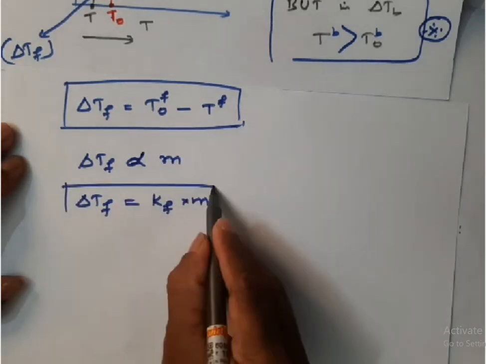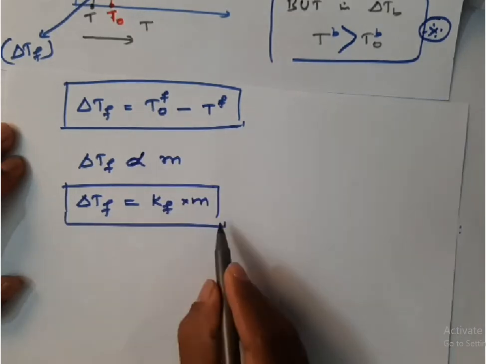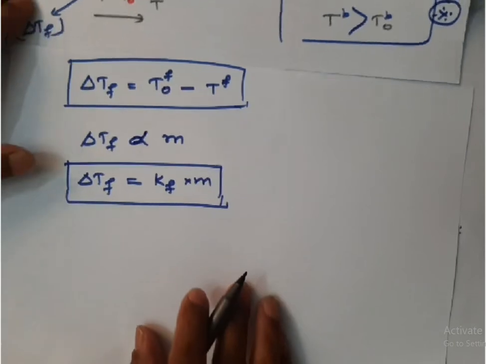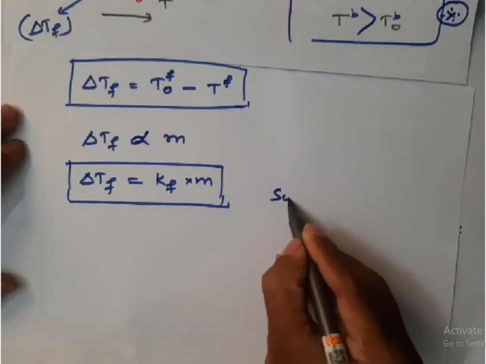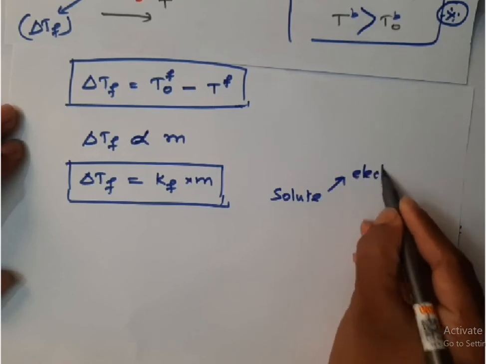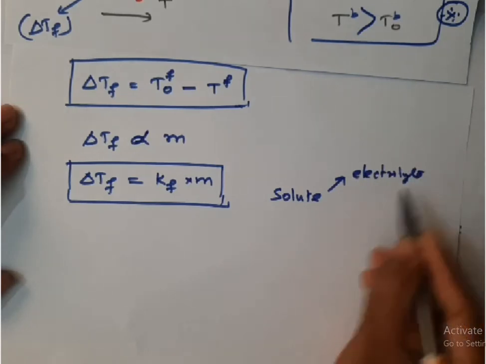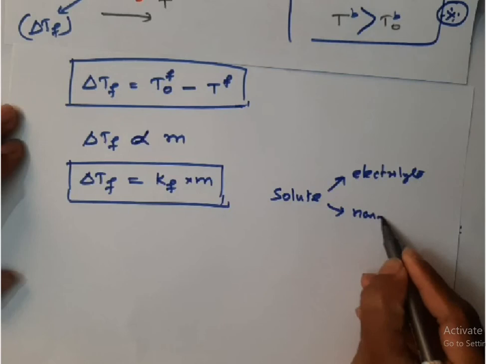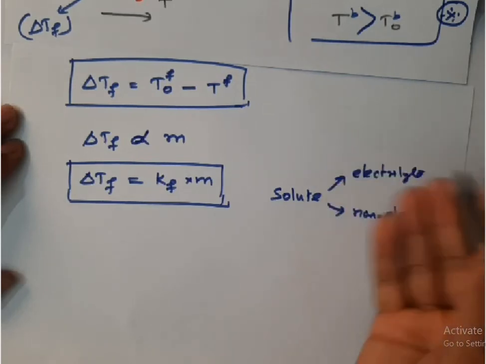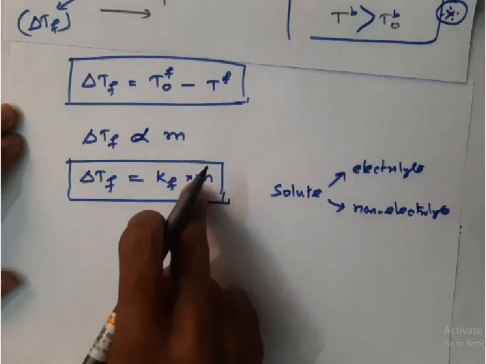Kf into m. Depending upon the electrolyte, your solute may be an electrolyte, as I told you before, or your solute may be a non-electrolyte. Because of this, the number of particles will change, and we have to include that here.